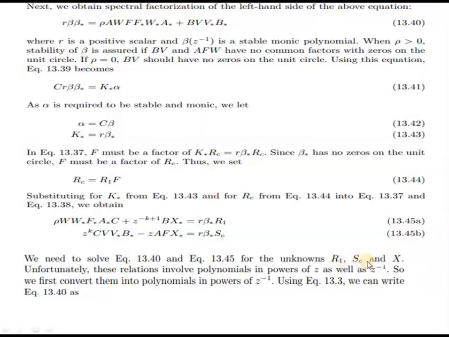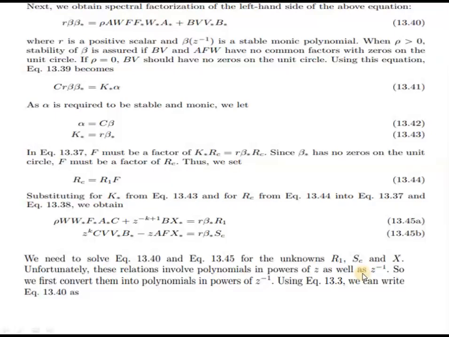With the help of these three polynomials we have to design our control effort u of n. But unfortunately this relation involves the polynomials in powers of z as well as z inverse. As you saw previously, we used spectral factorization. To use spectral factorization, we have to take the polynomials in z inverse.